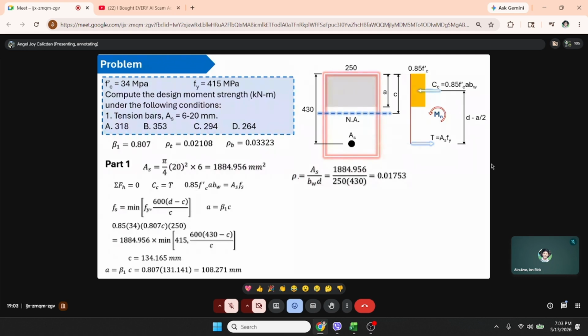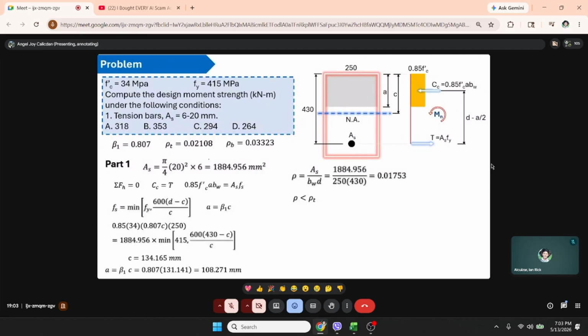And we'll solve for the actual steel ratio using the given As over bwd. So 1884.956 all over 250 times 430. We have 0.01753.